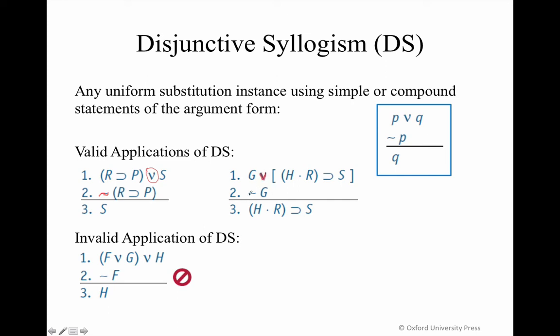Disjunction or wedge, rejection of the left side of wedge, and so we're left with the right side. Now the invalid application here has to do with the fact that right now F is nested within a larger disjunctive sentence. So in order to get to what we want, we first need to dismantle the main operator wedge.